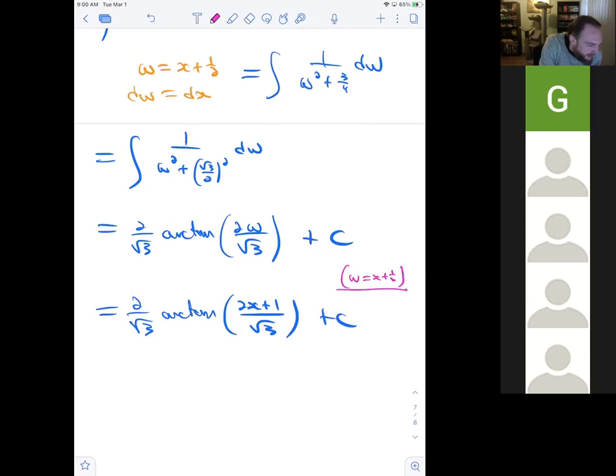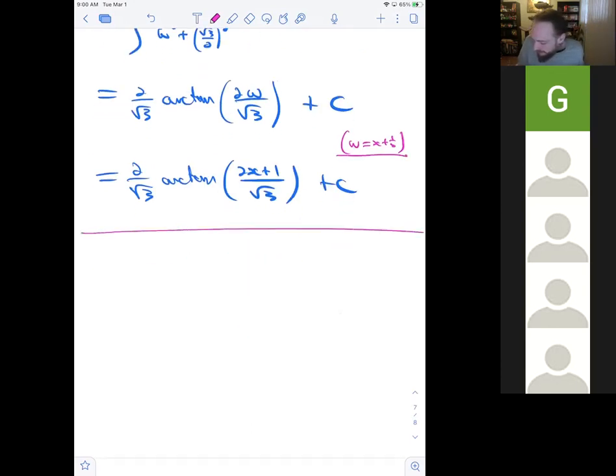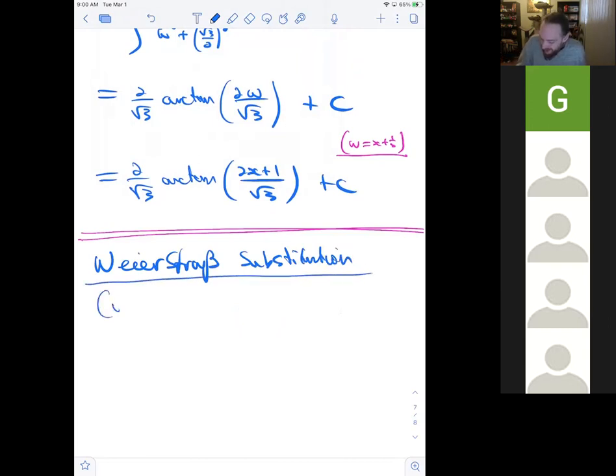Trigonometric integrals. Or this is sometimes called universal substitution.